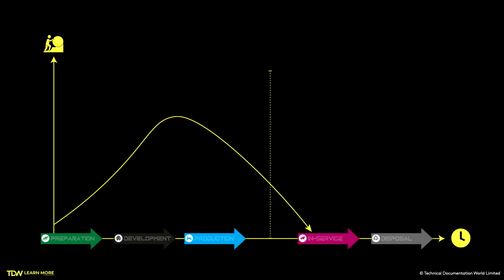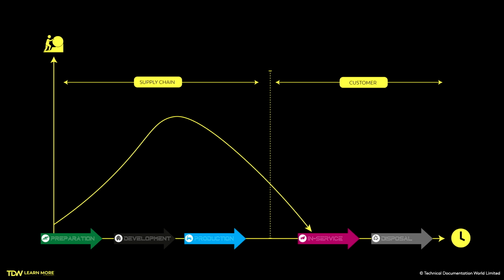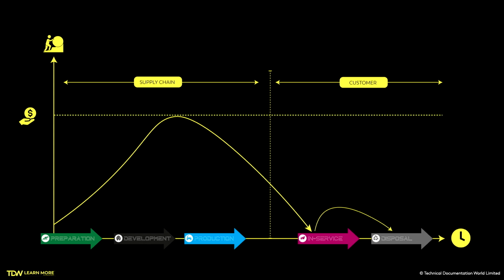But we have a delineation between what the supply chain needs and wants, and what the customer expectations are. We also look at cost, which is one of the key decision factors here. The cost exposure in the supply chain is vastly different to what the customer expectations are.